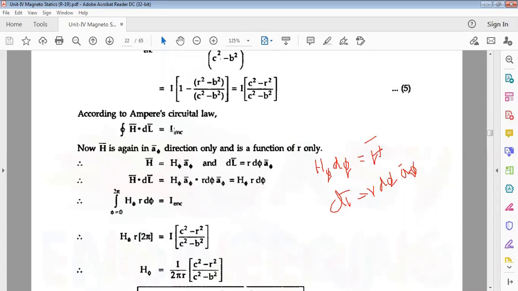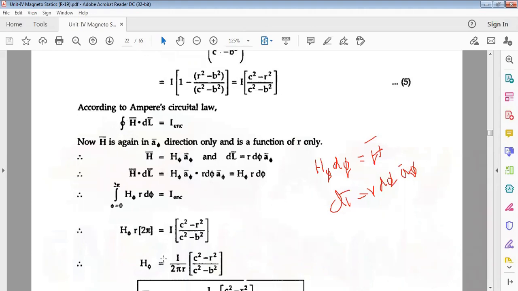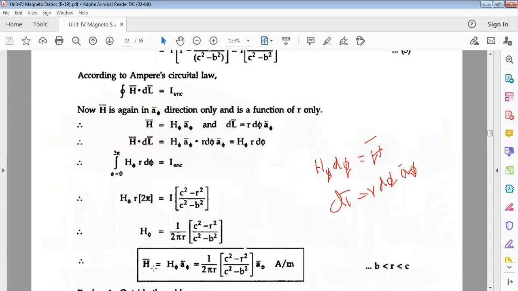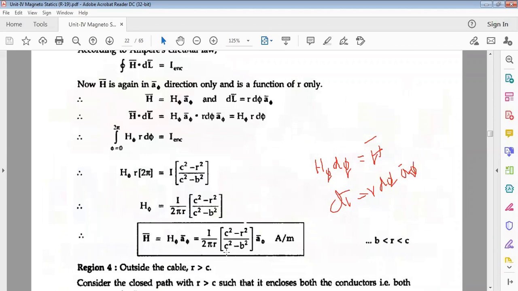The DL bar is always R into D phi, phi bar in this Ampere circuital law. So H phi is equal to I by 2 pi R times C square minus R square by C square minus B square, and H bar is equal to I by 2 pi R times C square minus R square by C square minus B square.